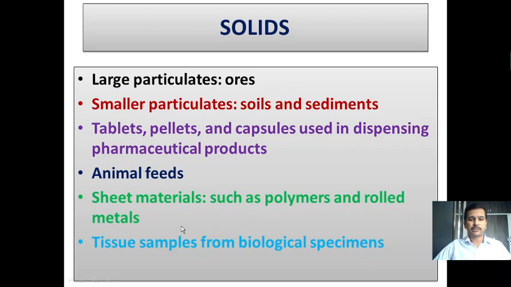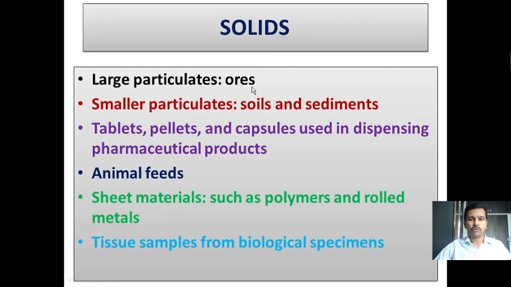Some sheet materials may be metals or polymers, and sheet materials may be rolled or thin sheets made of polymers or metals. How to handle them, how to implement the sampling plan for converting them into analyzable form. And the biological specimens are obtained by utilizing tissue samples. Not only these categories of solid samples, but also many others I have left out.